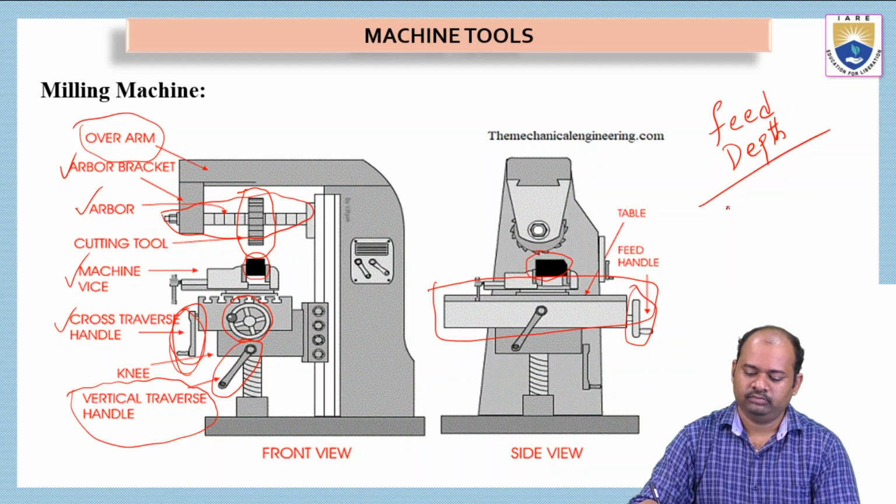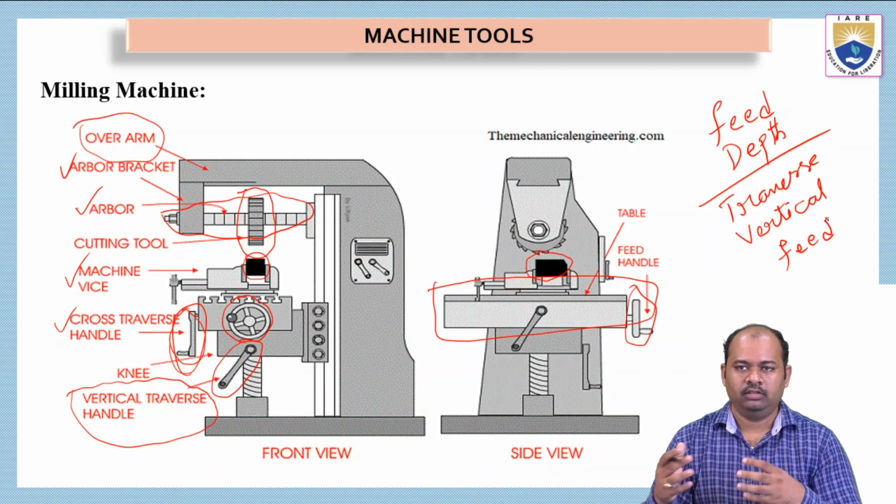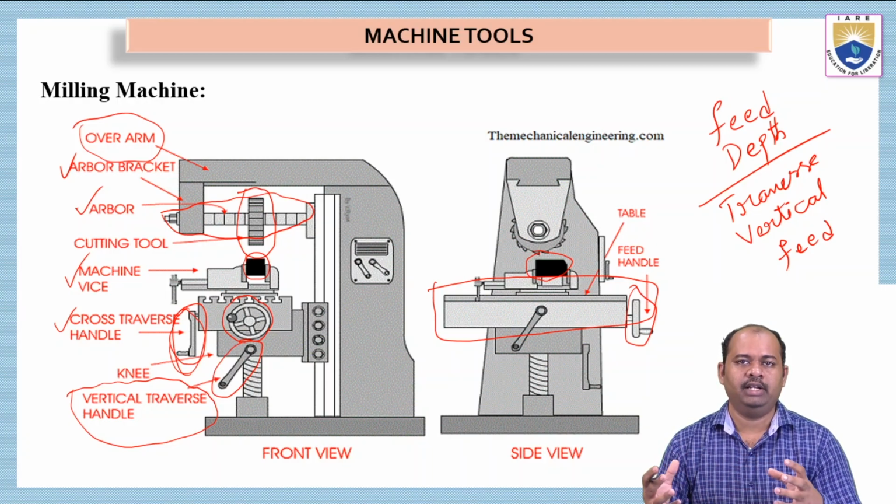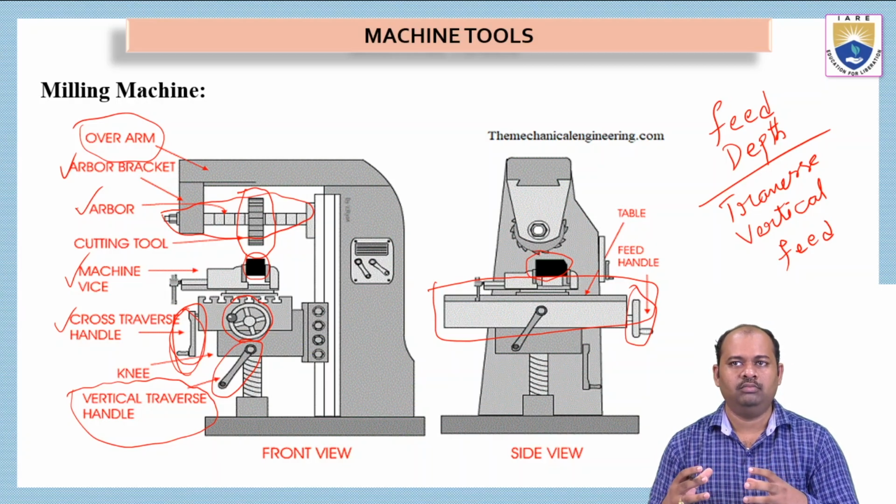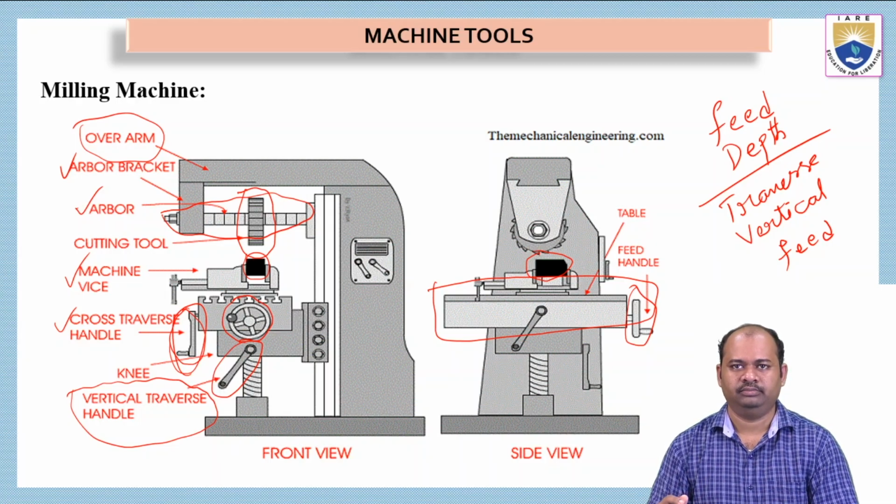First one, traverse motion, and then we have vertical motion, and after that we have feed. All the 3 motions can work together to machine a particular workpiece.